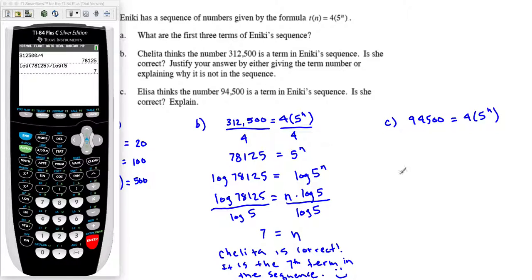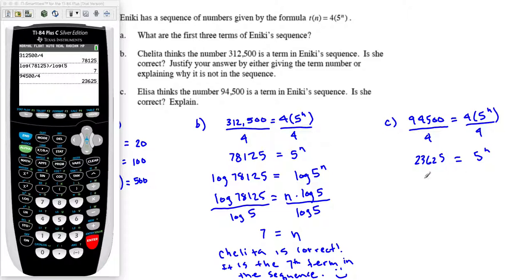We go ahead and do the exact same thing we just did. Divide each side by 4. This is good practice. 94,500 divided by 4. We get 23,625. Is going to equal 5 to the power of n.